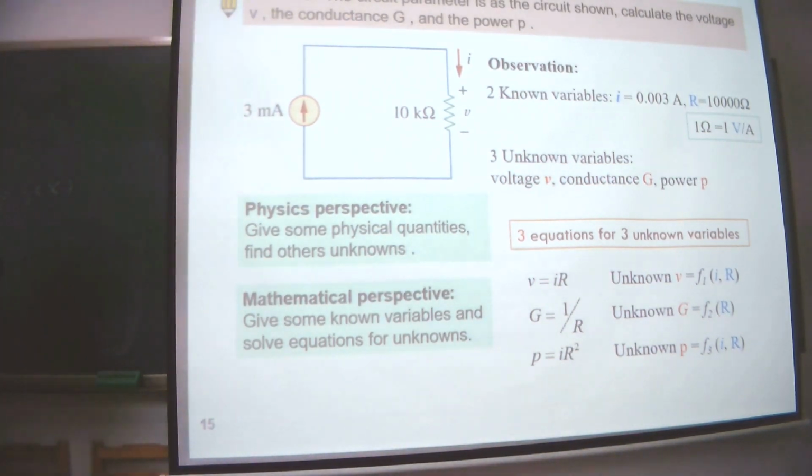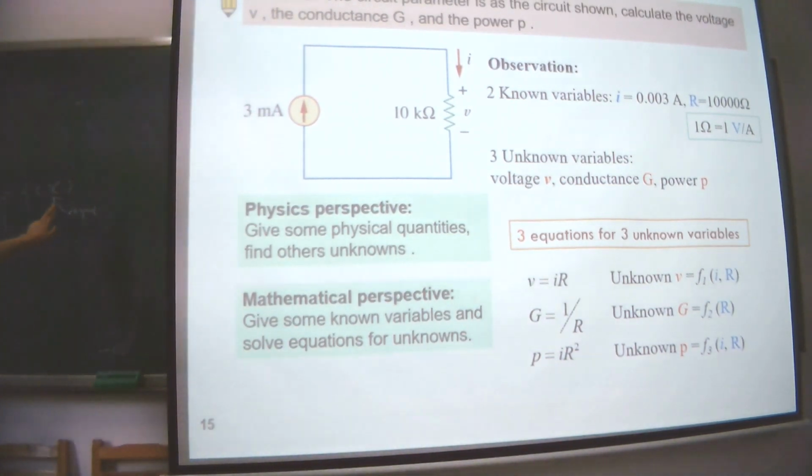In our class, this one is considered as input and this one is considered as output. What does this mean? If we want to get output, we must know the input. Okay, so the same thing.